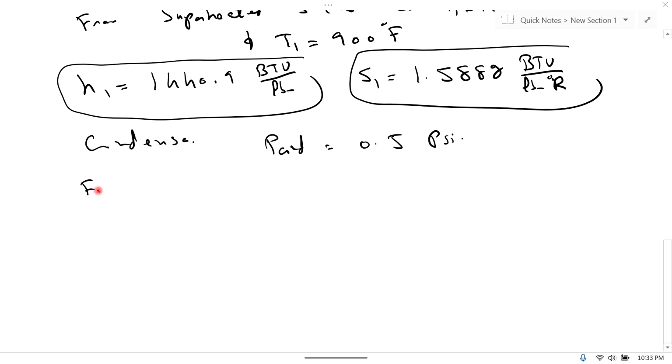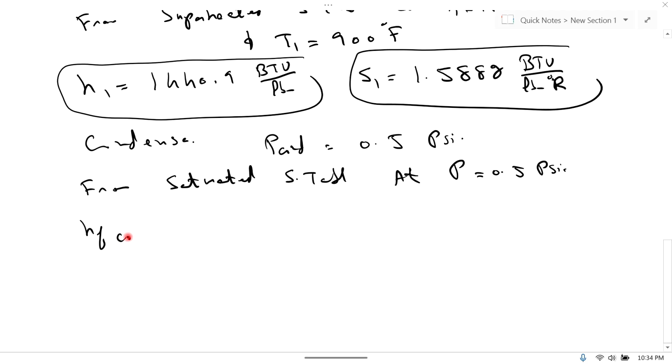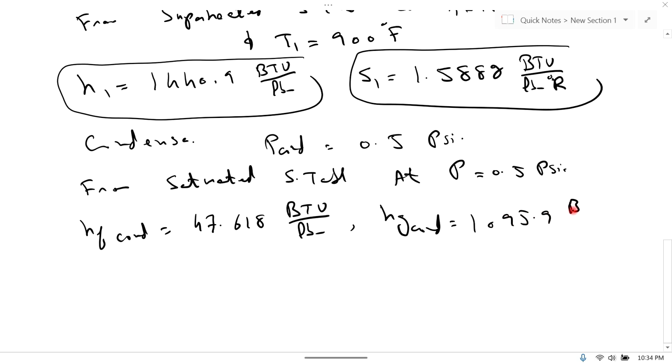So from the saturated steam table, at pressure equal to 0.5 psia, Hf for the condenser is equal to 47.618 BTU per pound mass, and Hg for the condenser at 0.5 psia is equal to 1095.9 BTU per pound mass.